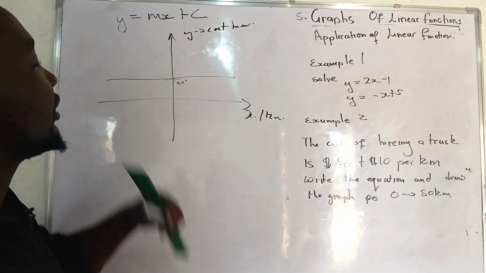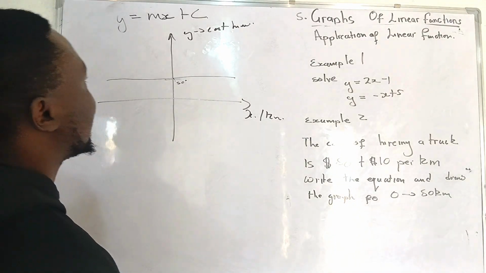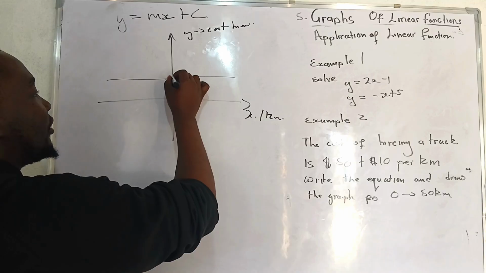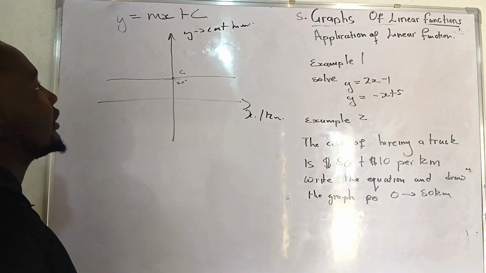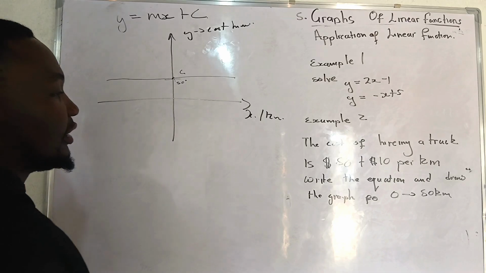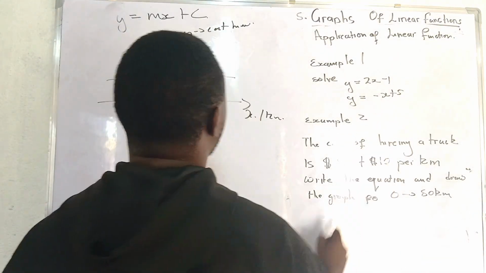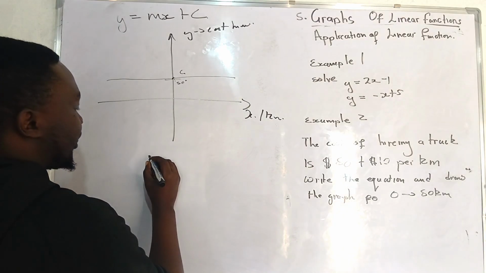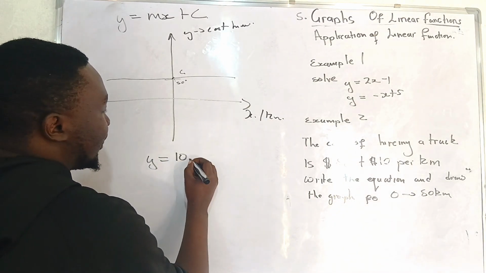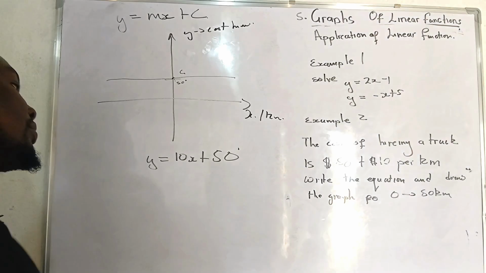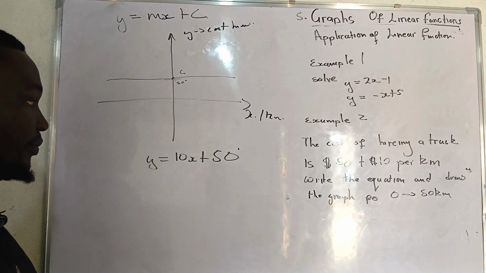This will be the y-intercept, so already I have found my c. And $10 is the rate, that's my m, the gradient. So my equation can be y equals 10x plus 50.